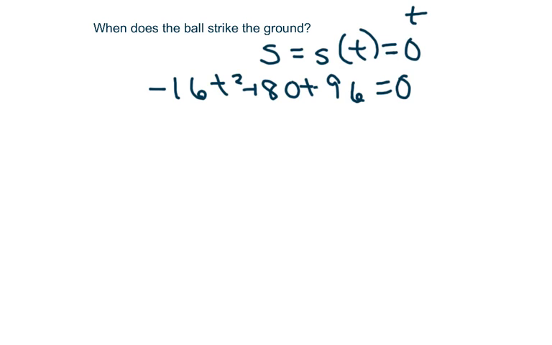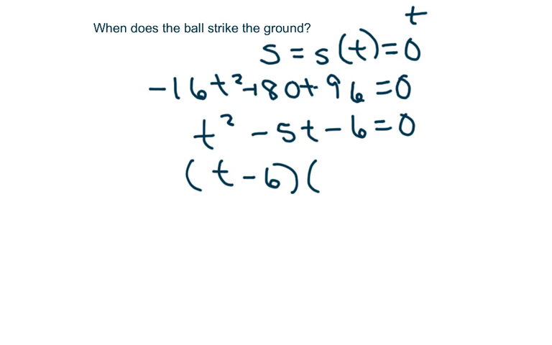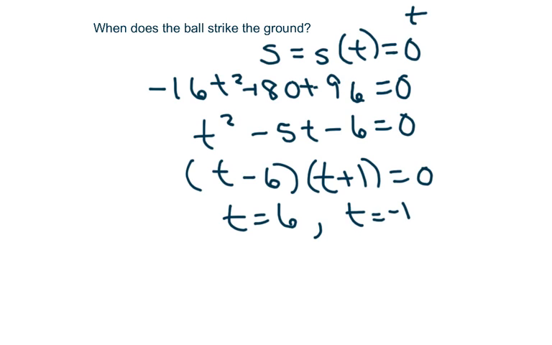So I'm going to divide everything by negative 16, and I'm going to get t squared minus 5t minus 6 equals 0, and I'm going to factor, and we're going to get t minus 6 times t plus 1 equals 0, and so we get t equals 6, or t equals negative 1.